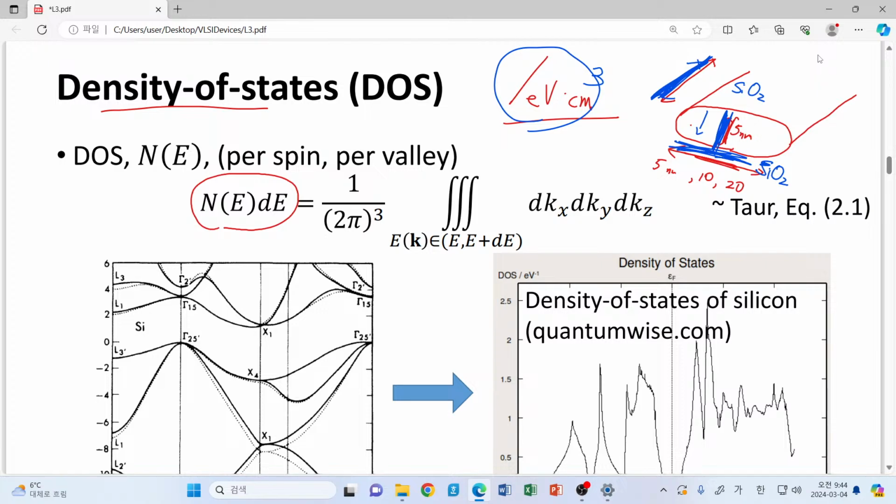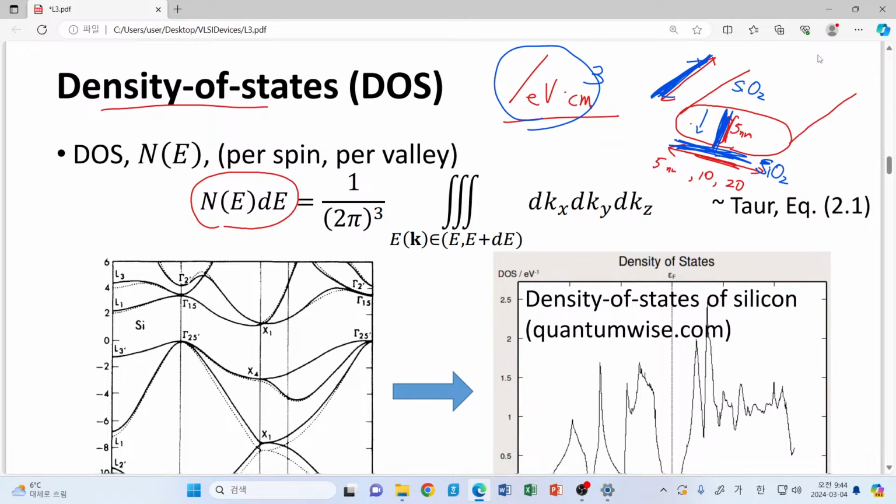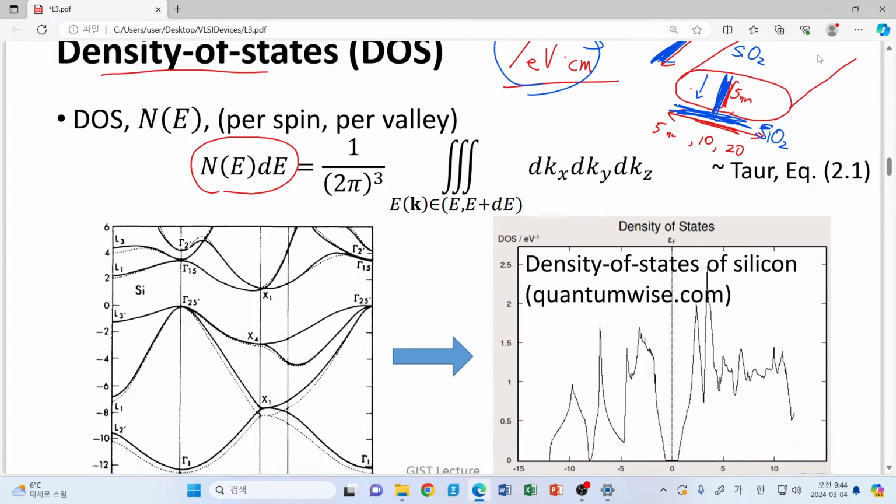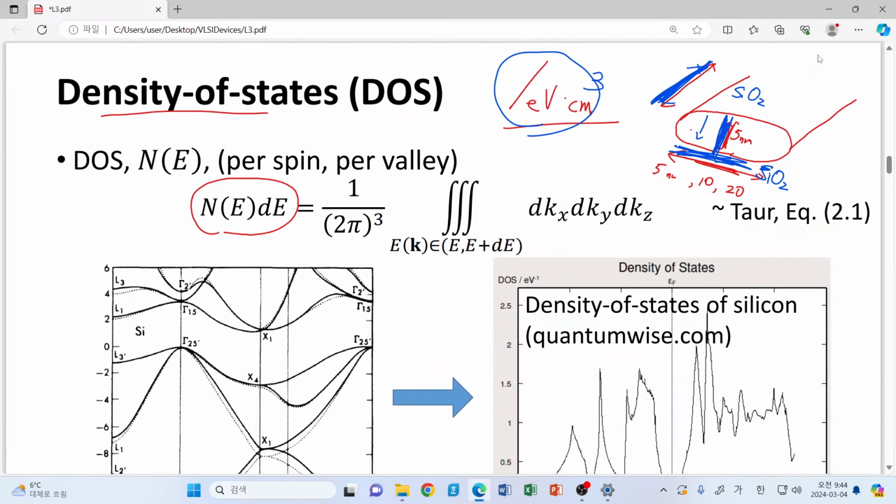Yes, it is energy density, but it has also another normalization factor corresponding to the dimensionality of your system. Which dimensionality? That is related with the freedom of your electronic movement. So the number 3 shown here is corresponding to the three-dimensional nature of our bulk system.